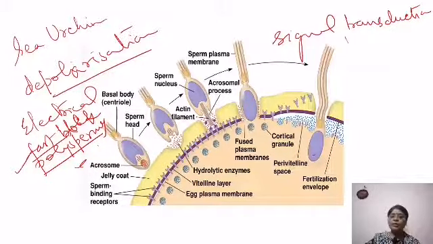Then it will cause the release of calcium ions. These calcium ions will cause the bursting of these cortical granules which you are seeing here.